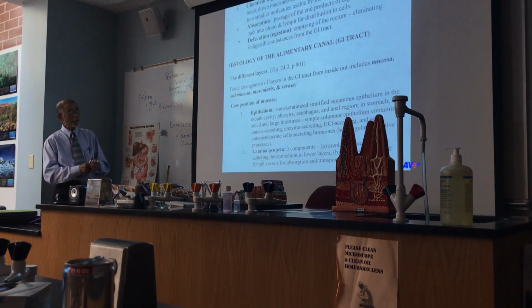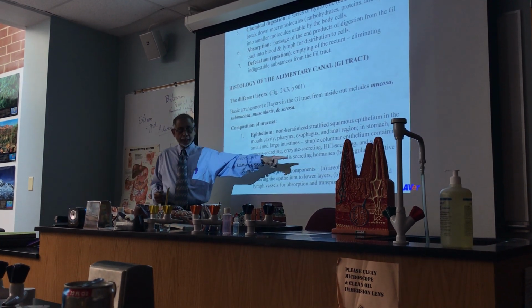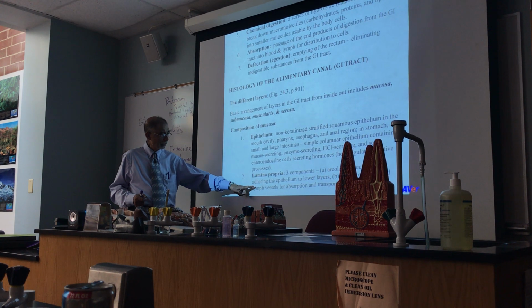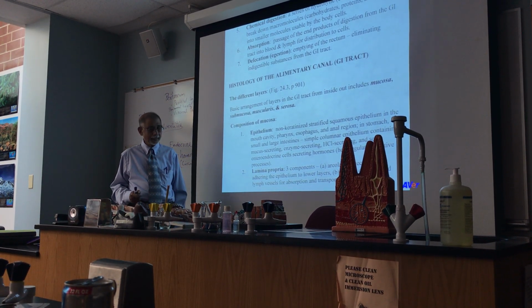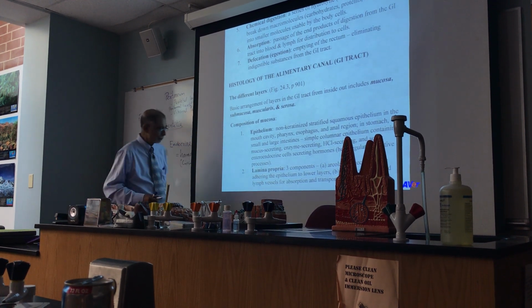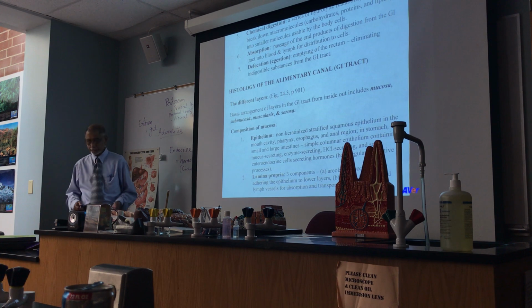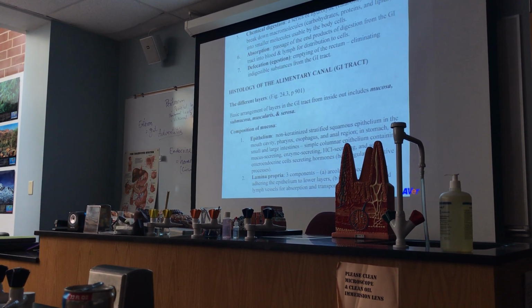All right, lamina propria has three components: areolar connective tissue, adhering the epithelium to two lower layers, and then system of blood and lymph vessels for absorption and transportation of food, and then muscularis mucosae.